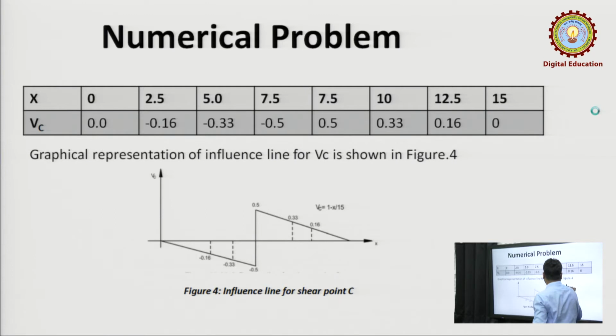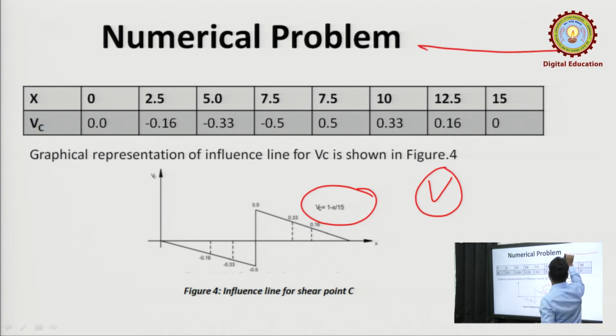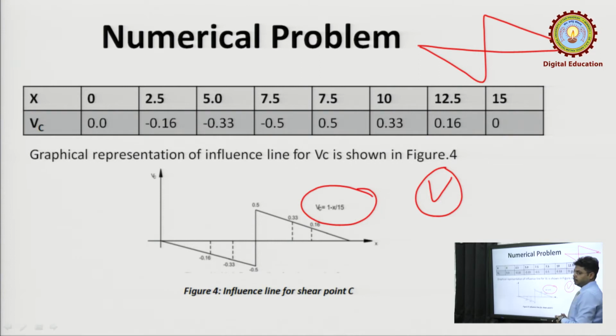In the last session we drew an influence line diagram for a beam, and the result was this, which is a linear variation.